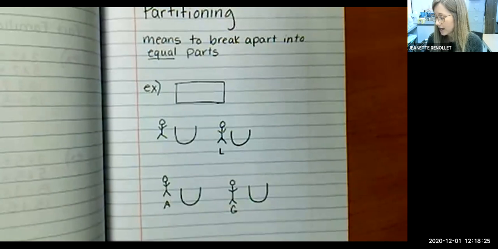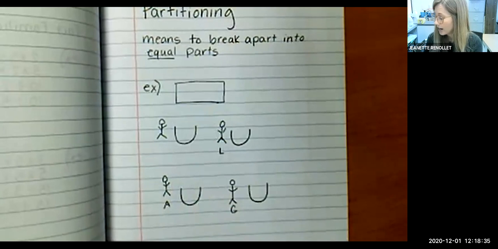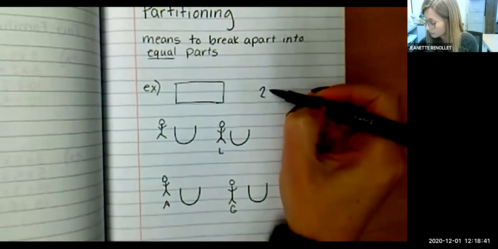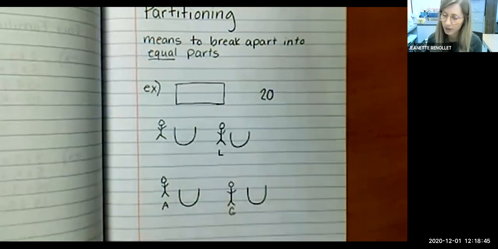So let's say that it's my job to cut the pan of brownies and I'm going to partition them equally. I'm going to divide the pan into equal groups. And let's pretend that there are 20 brownies. Put a 20 next to your pan of brownies.